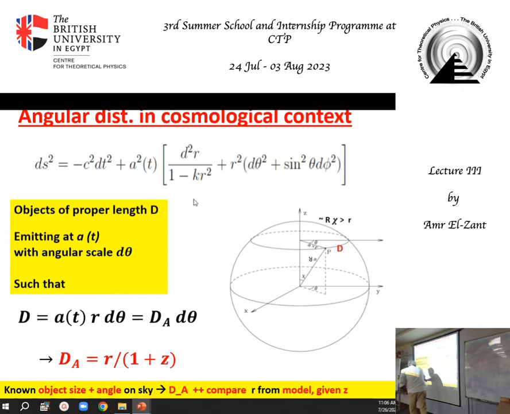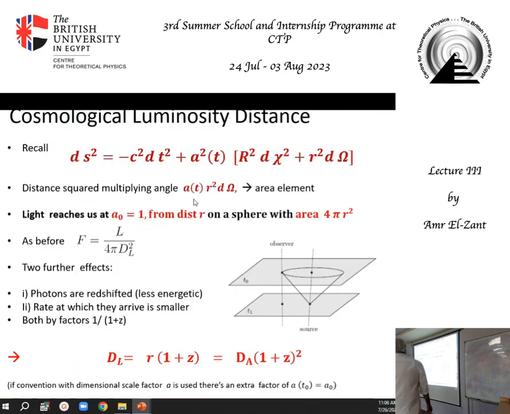This is r a equals r over 1 plus z. Similar to the cosmological luminosity distance. Now, the angular diameter distance we won't really use today in the cosmological sense, but we use it next week for the cosmic microwave background. Today we will be using the luminosity distance.